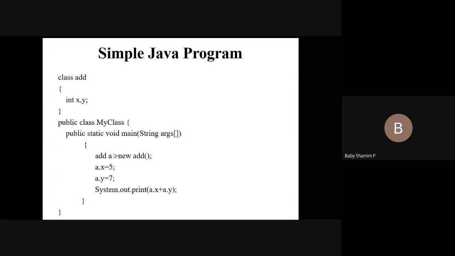Using that object, I can access the values from the previous class, that is a.x. So directly I am declaring the value as x, a.y. I'm declaring the value as 7. System.out.println. You can use system.out.print or system.out.println. Both are acceptable. So again, I'm going to perform an addition, a dot x plus a dot y. So what is the output? 5 plus 7 equal to 12.